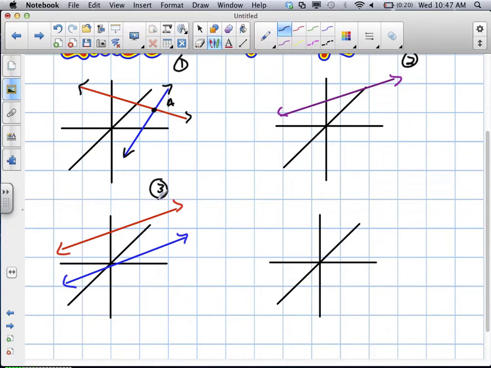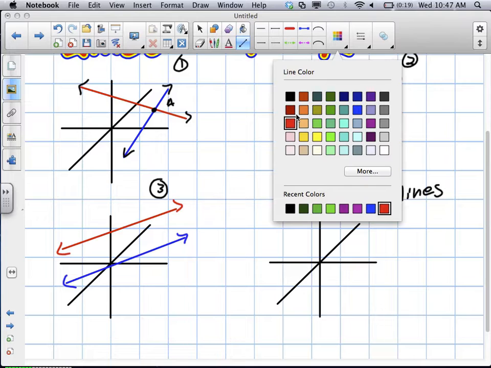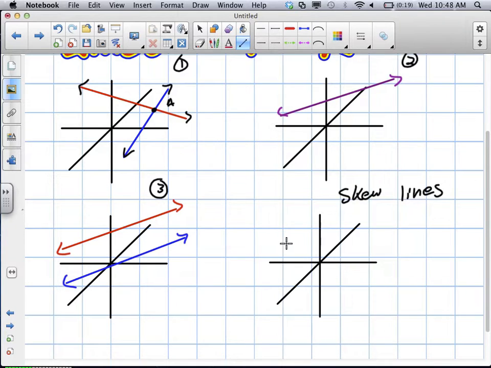Okay? Now, this one only exists in 3 space, our fourth case here, and it's called skew lines. Okay? And skew lines are lines that do not cross each other, but are not parallel to each other either. It's a tougher concept if you haven't thought about it before. I'll try to draw a picture that almost represents it.